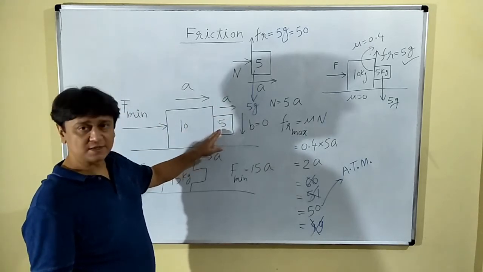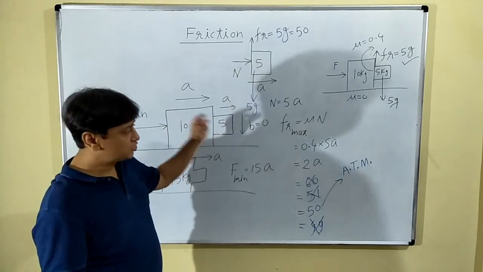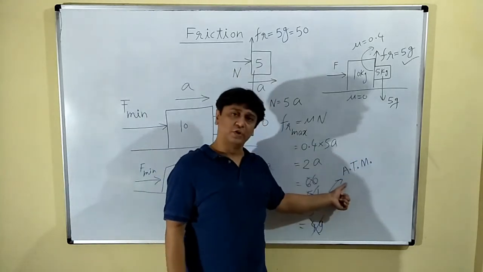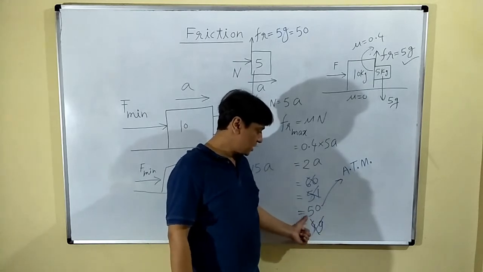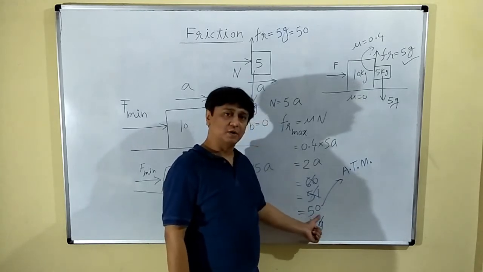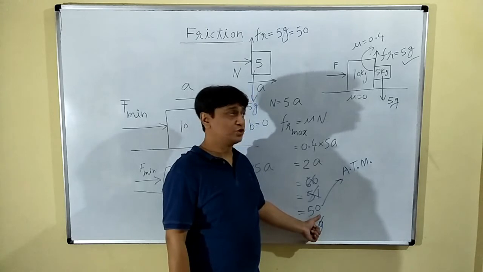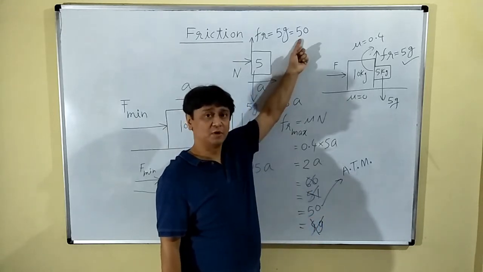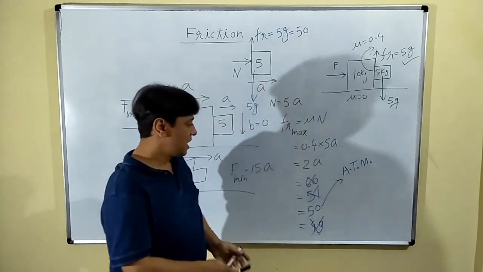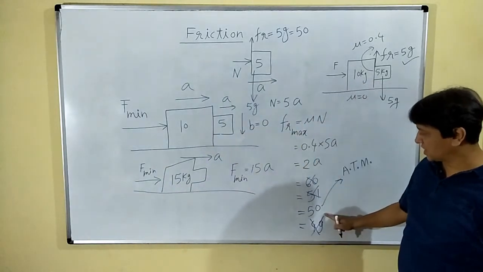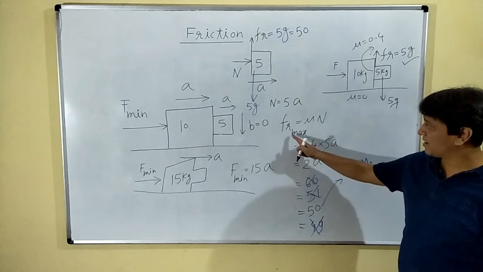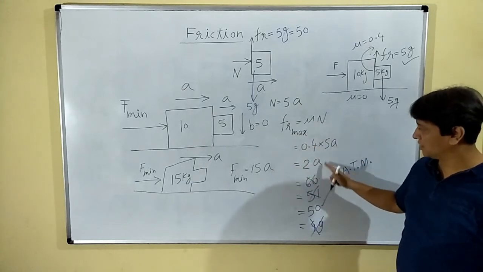This body is about to move. और जब भी about to आपको फील होगा, जब भी फ्रिक्शन कहां पहुंचेगा? अपने मैक्सिमम पर. फ्रिक्शन कहां पहुंचेगा? अपने मैक्सिमम पर. विच मीन्स हमारी बॉडी Fr maximum कितना दे रही है? 50. लेकिन Fr maximum कितना था?